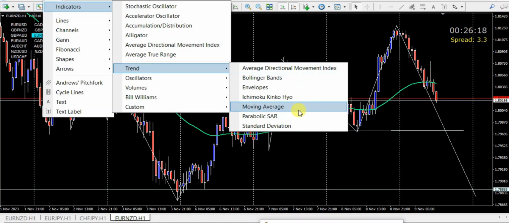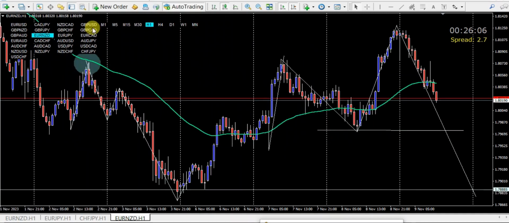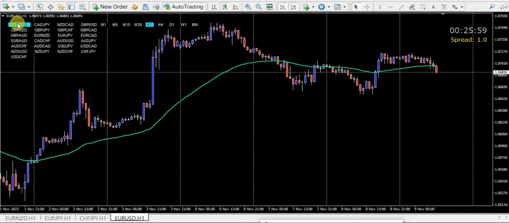But the ones that are easy for you to understand and to use and to get results with are what you should stick with. Do what works for you. You can use it on any time frame, on any currency pair. Let's try some other currency pair and see.